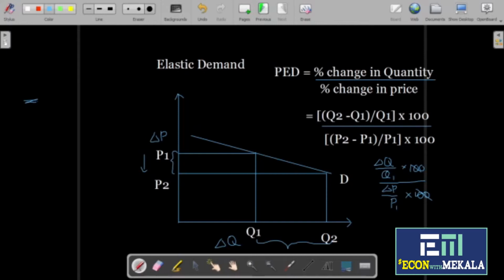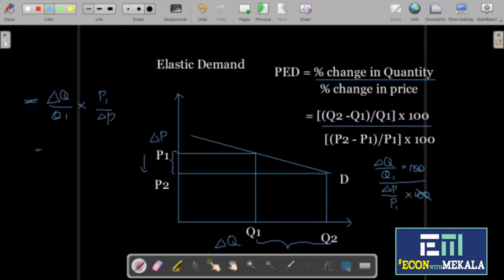We get delta Q divided by Q1. Since delta P divided by P1 is below the line, we can take it above the line. So P1 will go above the line, whereas delta P will go below the line.